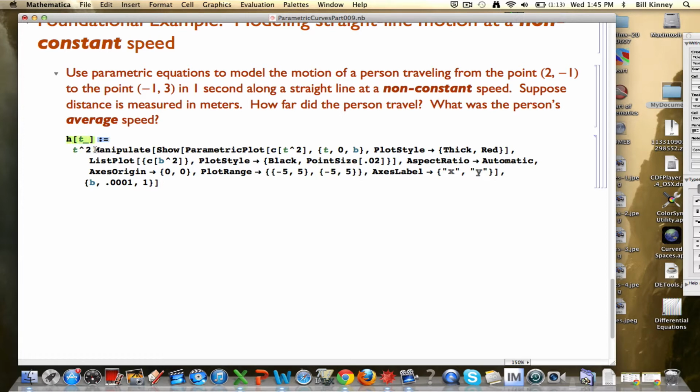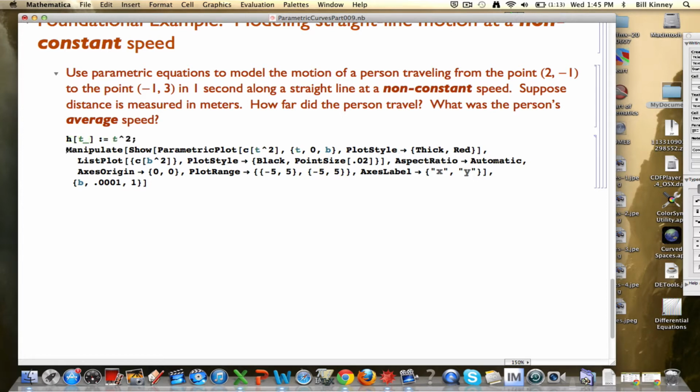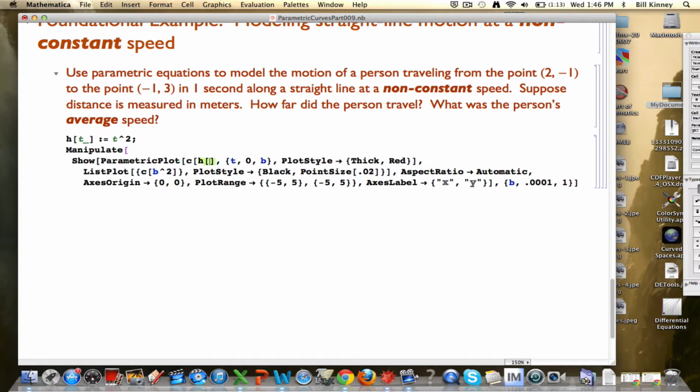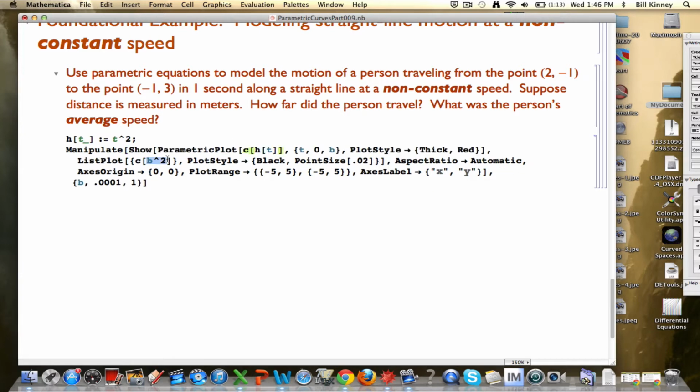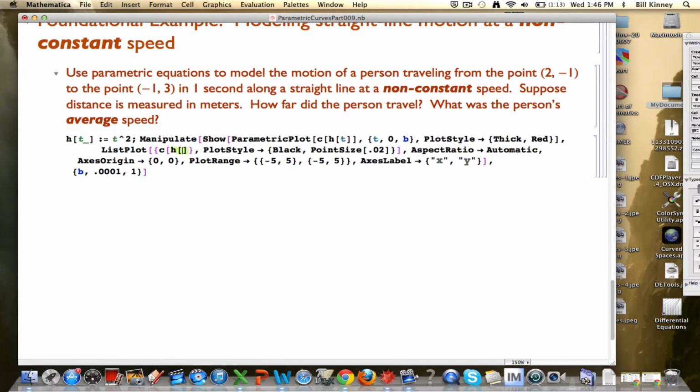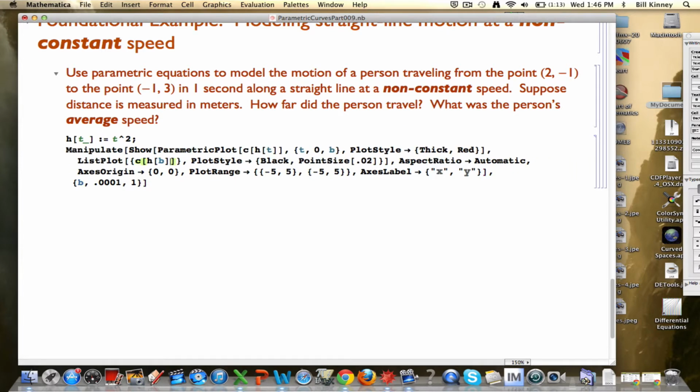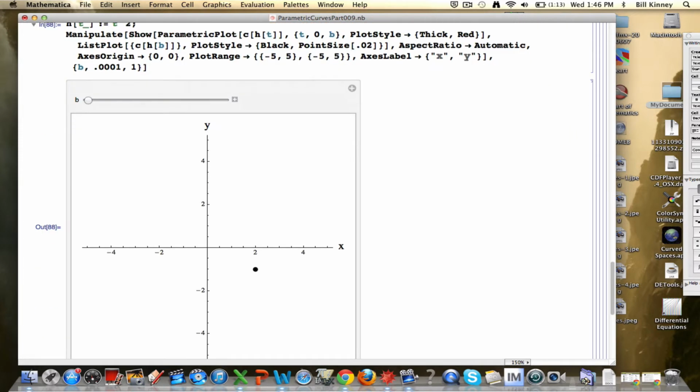Colon equals, not essential, but I like to put it. I like to put a semicolon after this as well. Technically speaking, semicolons in Mathematica suppress outputs. So it's not actually necessary here, but I like to separate these lines with a semicolon. I'm going to replace the t squared here with an h of t. Replace the b squared here with an h of b. And now this is going to do the exact same thing.